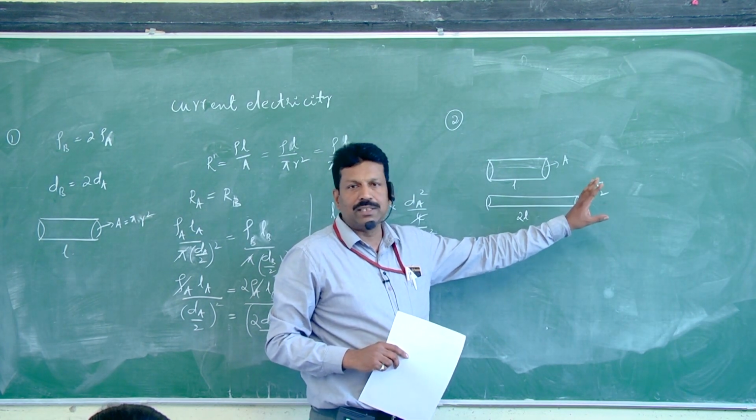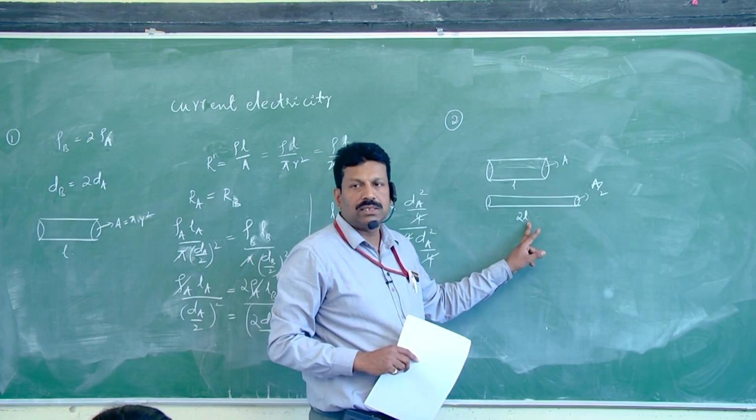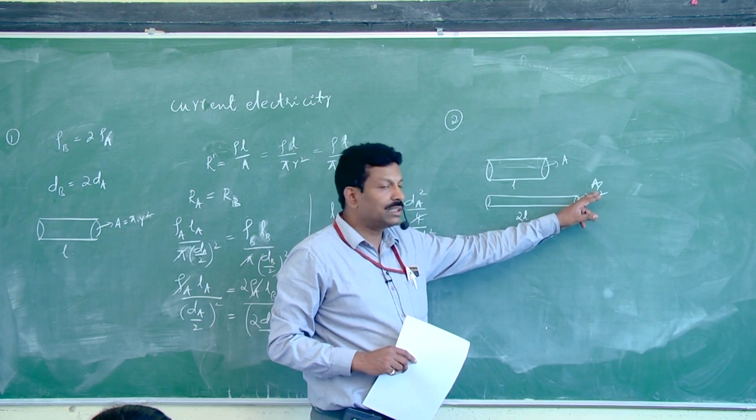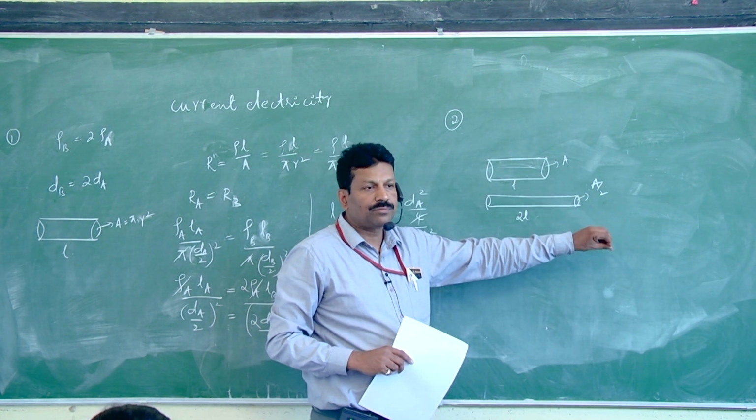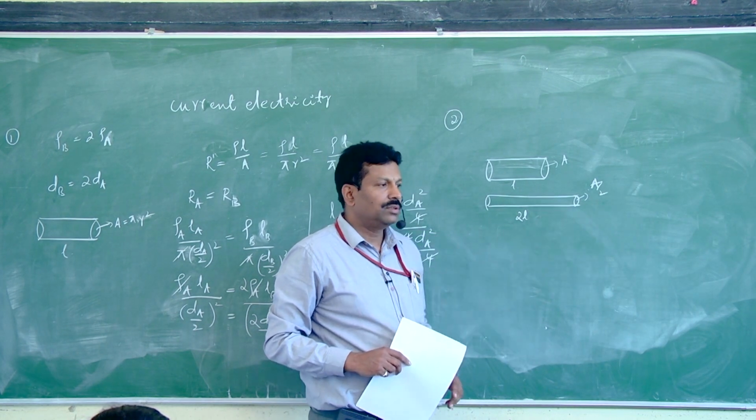So just remember this. If length increases by twice, the area of cross section becomes half. Are you clear?